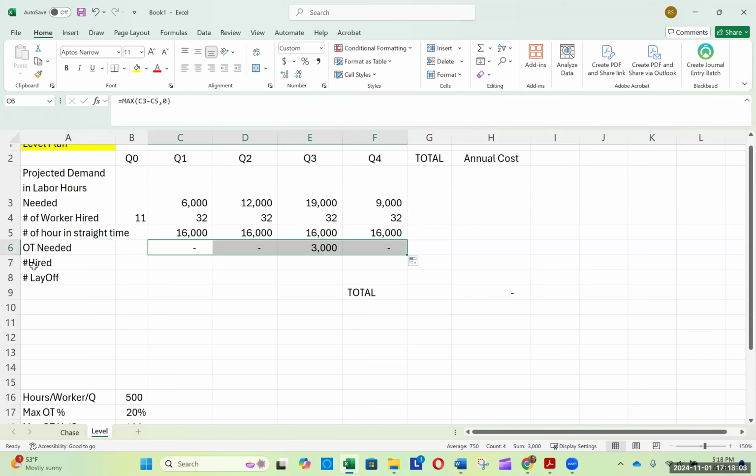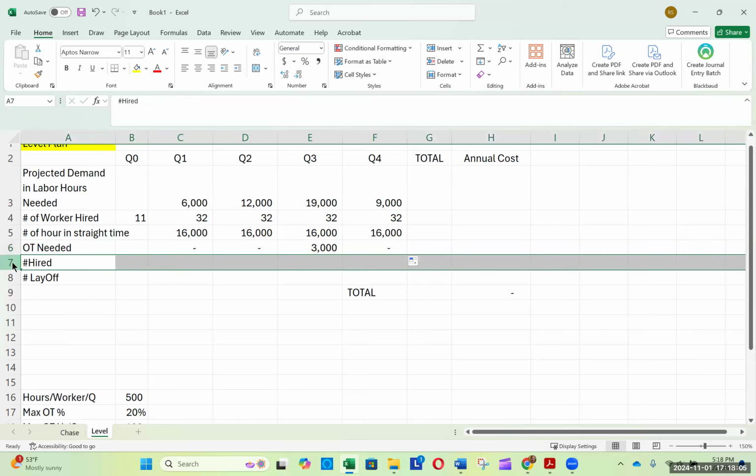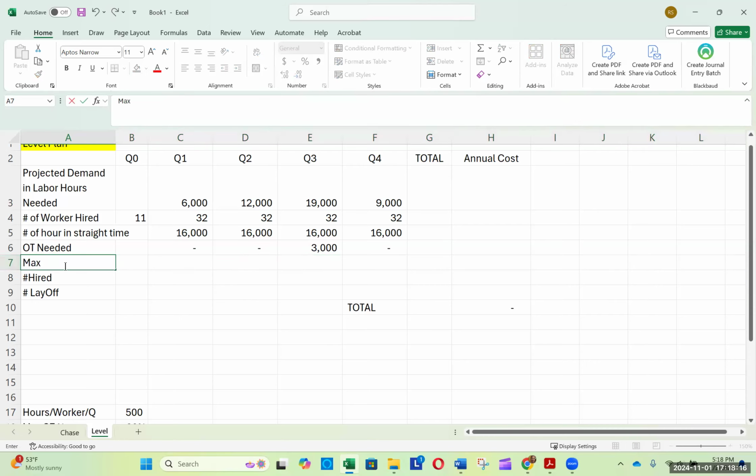By the way, I just want to put one more line here, which is I want to make sure that I do have enough availability of hours. So max OT allowed. Just to make sure that max OT allowed is okay.